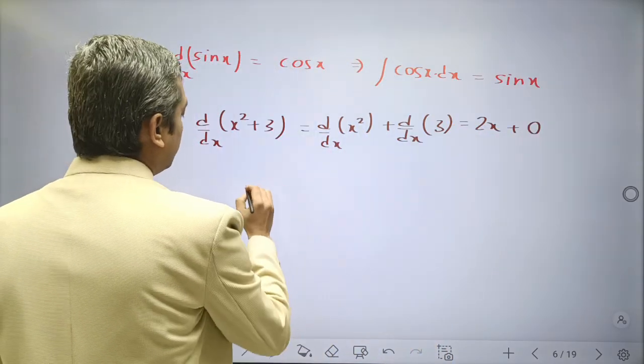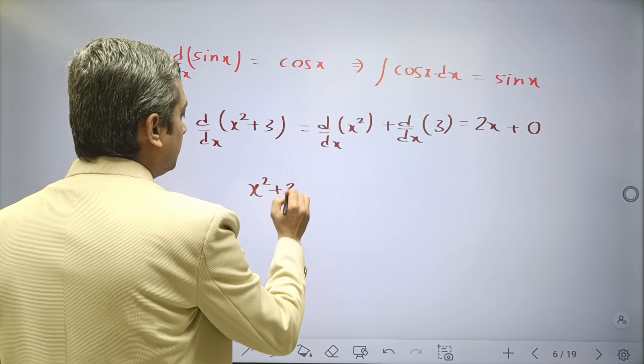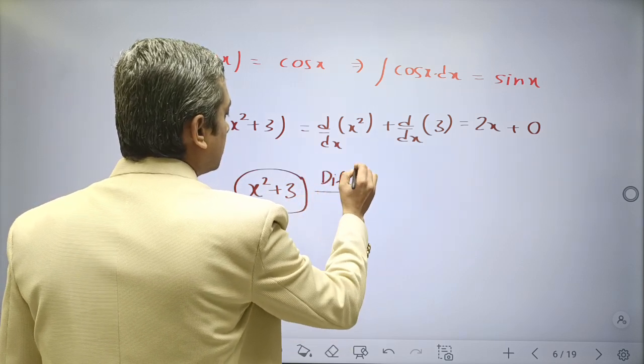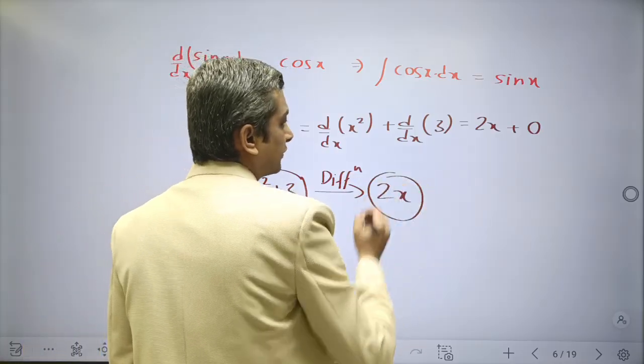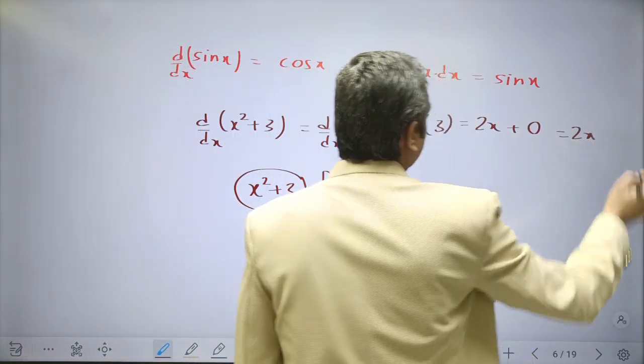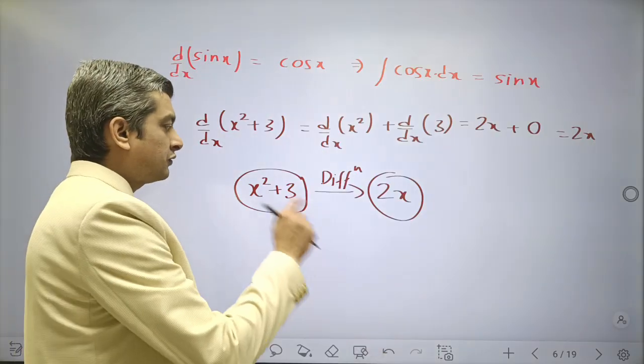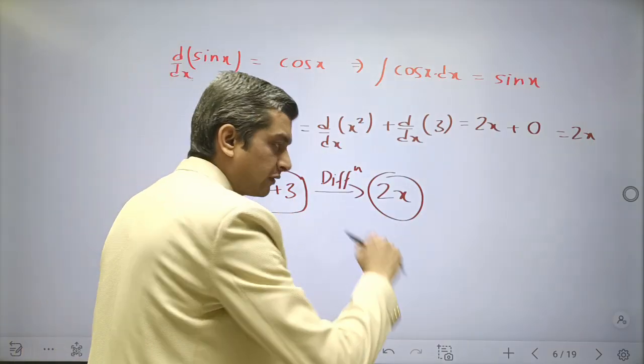So finally for x square plus 3, on differentiation we get 2x. Are you getting?